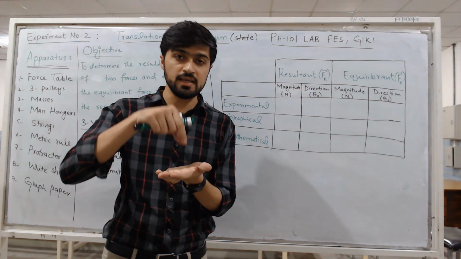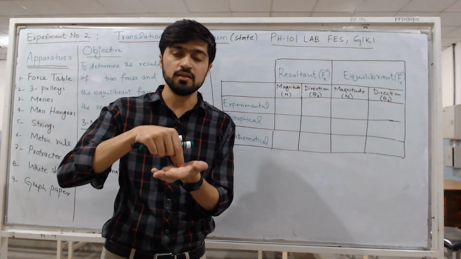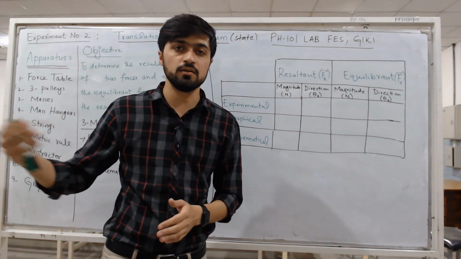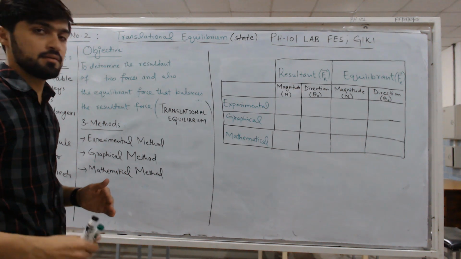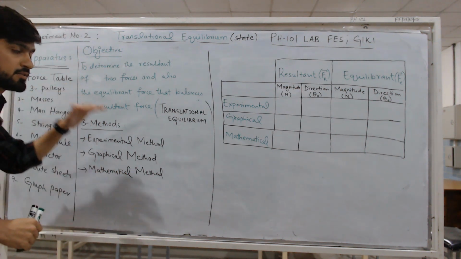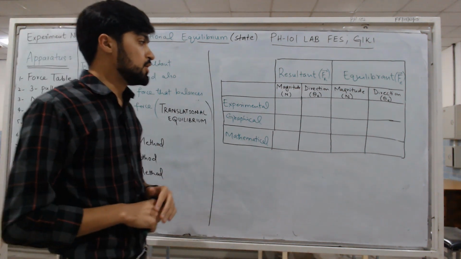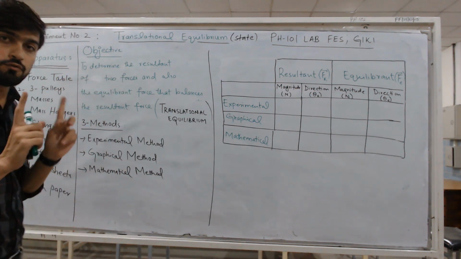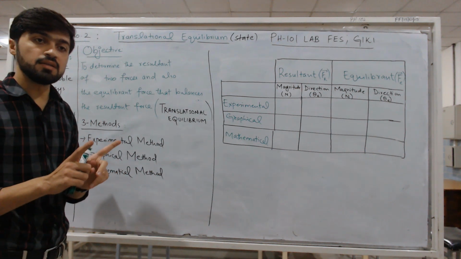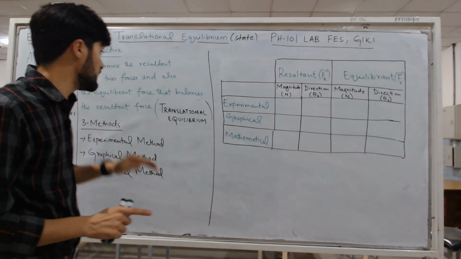When it is exactly at the anchor point at the center, we will be demonstrating that in our experimental part. Later we will discuss how to balance the forces using the force table. So this is the apparatus needed. We will determine the resultant of the two forces, and the resultant will be balanced by the equilibrium force.